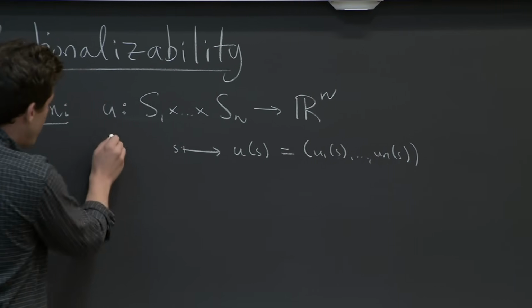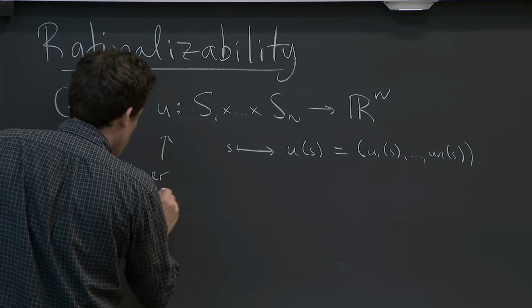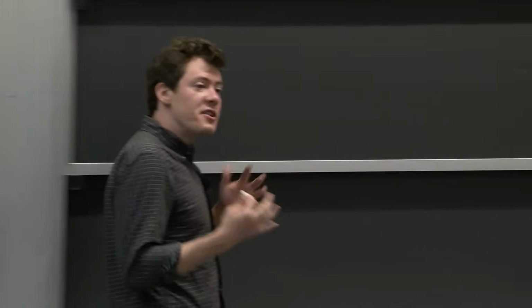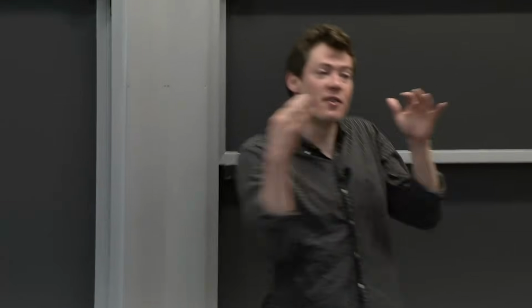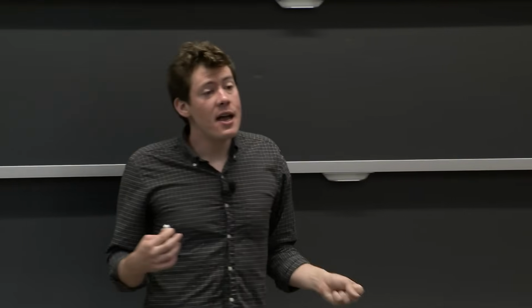And I'll point out here that we're generally going to use lowercase u throughout the course. In the first couple of lectures, we made a big deal, correctly so, about the distinction between the von Neumann-Morgenstern utility, which was defined over consequences, and expected utility, that was capital U, and that was defined over lotteries over consequences.